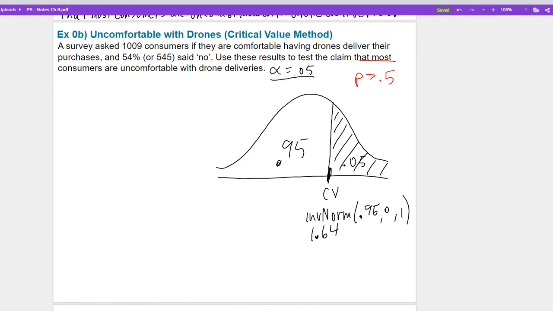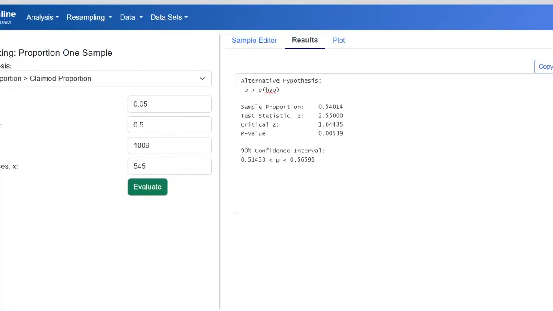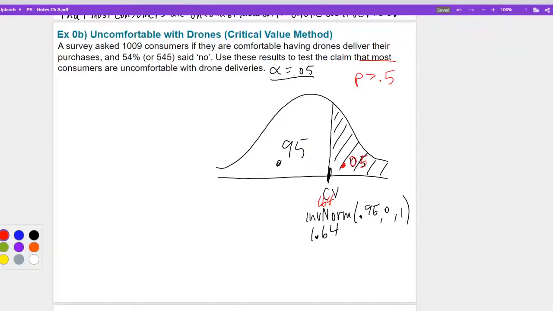This value is 1.64. And that value corresponds to this area, 0.05. But using our technology, we can see that the test statistic is 2.55. 2.55 is over here.